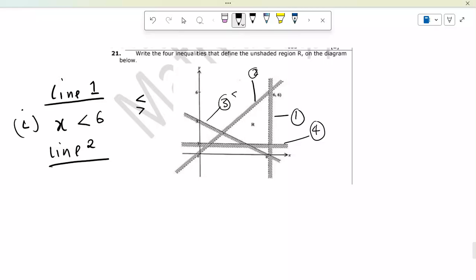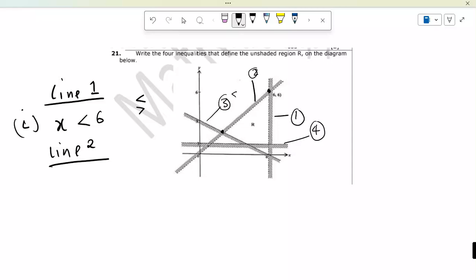Okay, so now coming to line 2, it has this point on this side where it meets this line, and also we have this point where it meets line 3.